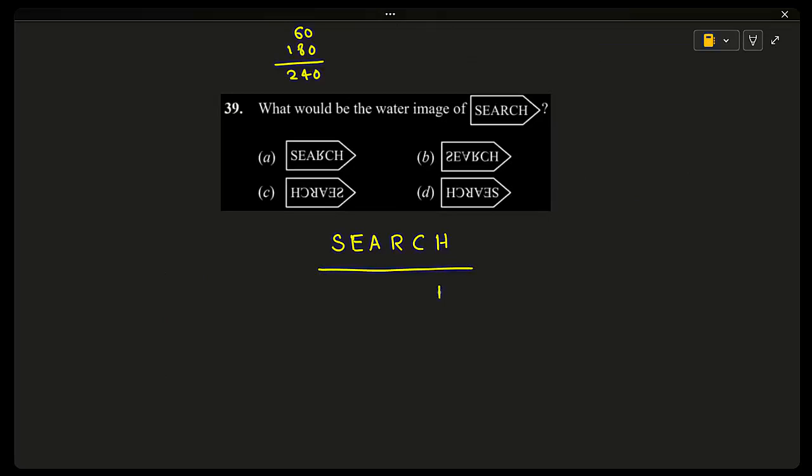So H will be as it is, C also as it is, but R looks something like this, and A is inverted. E looks almost the same, and S will be like this. Right. So where is this? It is there in option B. That is the correct water image.